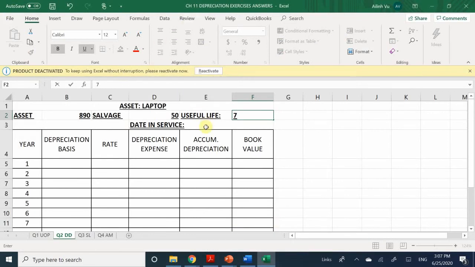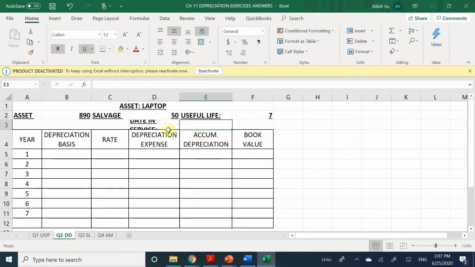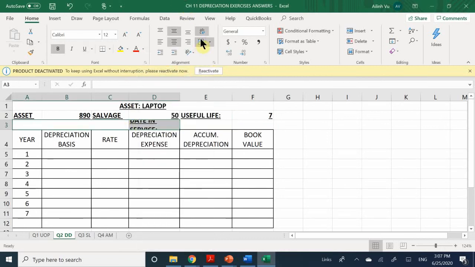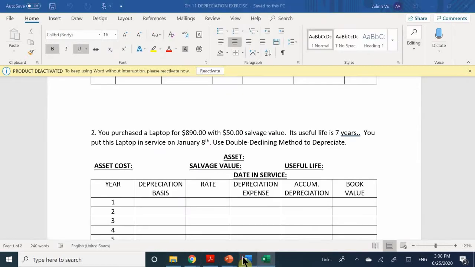And the date that I put this into service was, when did I put this into service? Did you say that yet? Yes, I did. Let me reformat my stuff.